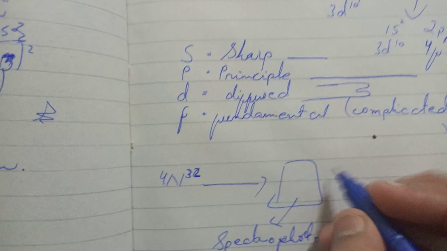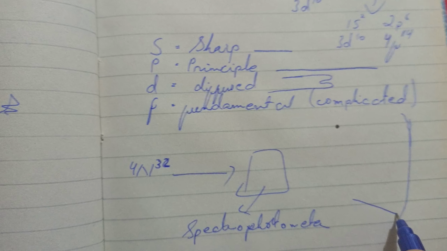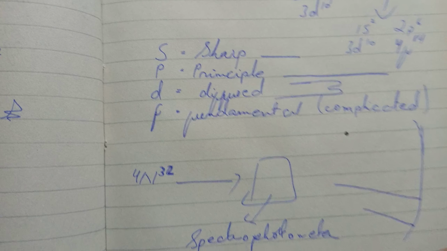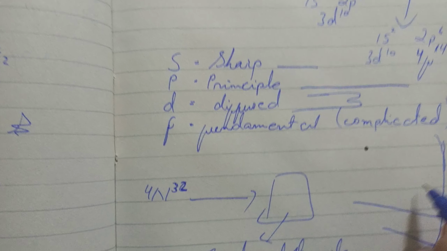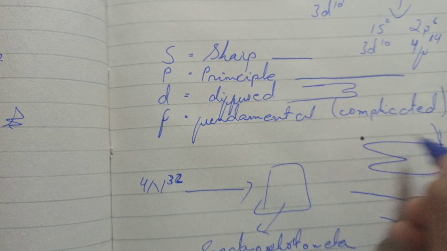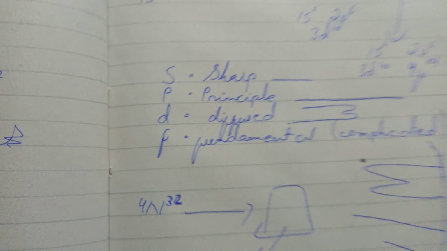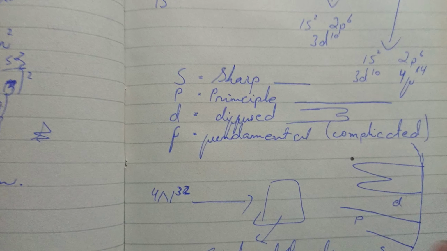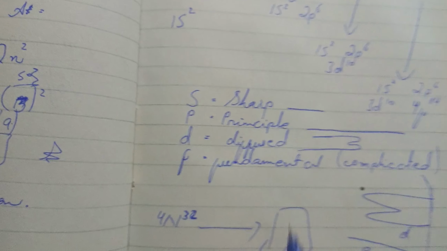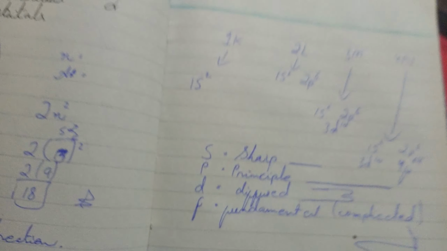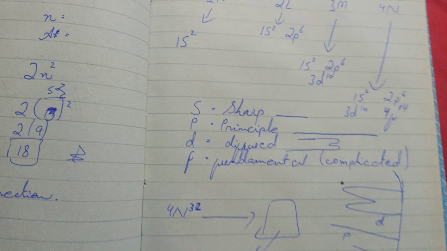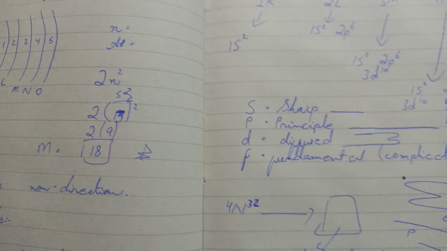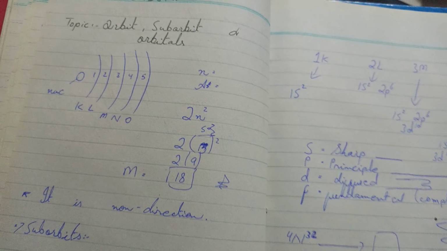What we get is a sharp line, a big and strong thick line, and a complicated line like this. You will not be able to understand F, because it is S, it is P, and it is D. Until you get it perfect, if I say it is fundamental, it is complicated. These are very important things in atomic structure.